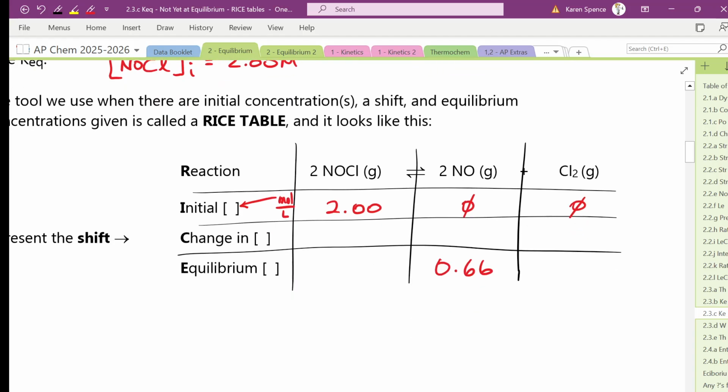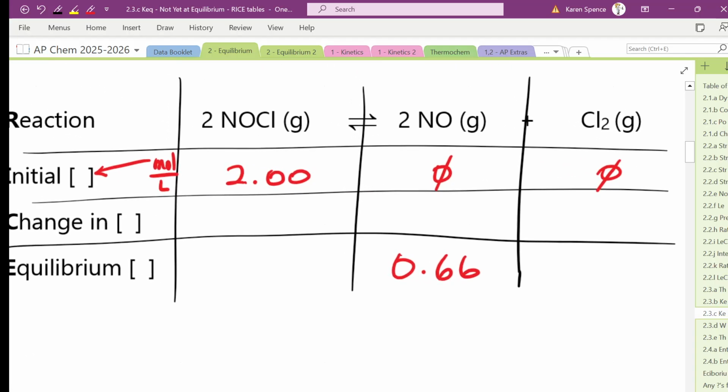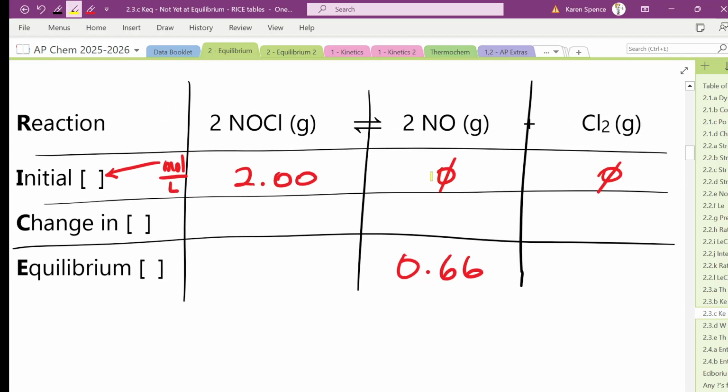And now, can we figure out anything else? You can figure out the change in the concentration of NO because we start at 0 and we finish at 0.66. So that has to have gone up by how much? 0.66.